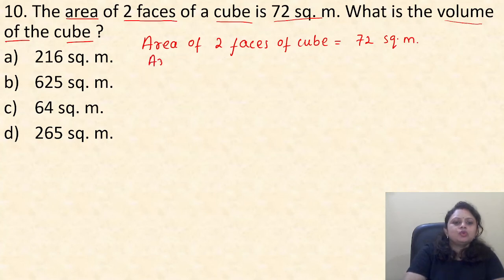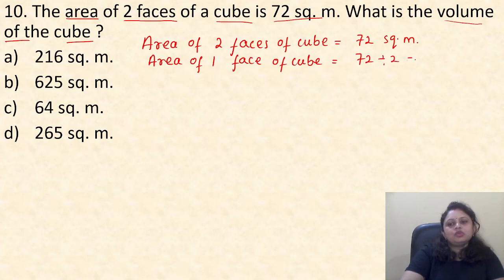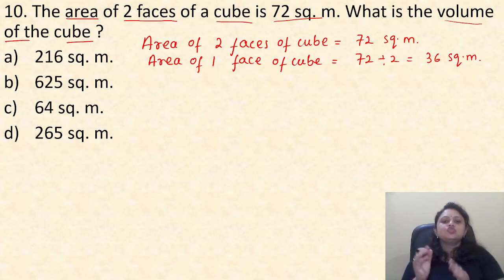Okay. So area of one face of cube, what will it be? It will be the half, that is 72 divided by 2 equal to 36 square meter, right? Next one is about the volume of the cube. So before finding the volume of the cube, we have to find the side of the cube, right?